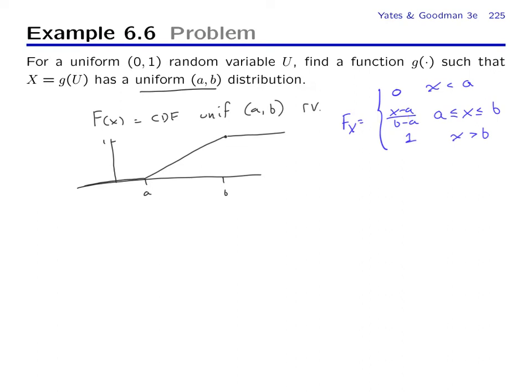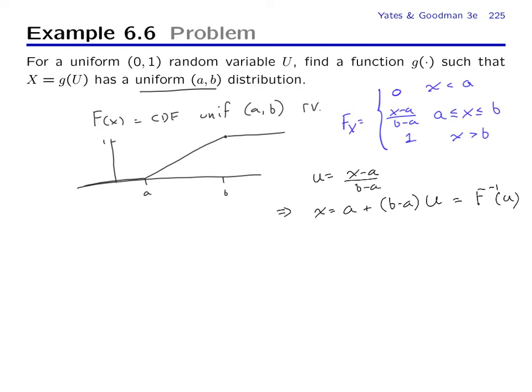So to find the inverse function we define u equal to x minus a over b minus a, and that implies that x is equal to a plus b minus a times u. And this is equal to the F inverse of u function that we were looking for.